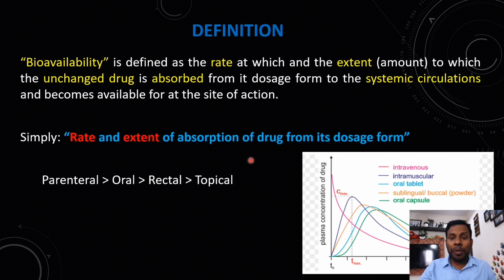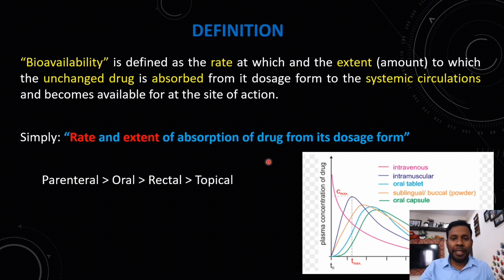The drug should be absorbed sufficiently to reach the site of action to give its pharmacological action. Then only our therapeutic goal can be achieved. So both this rate and extent of drug absorption is very much important, and this is called drug bioavailability. So simply we can call it the rate and extent of absorption of drug.